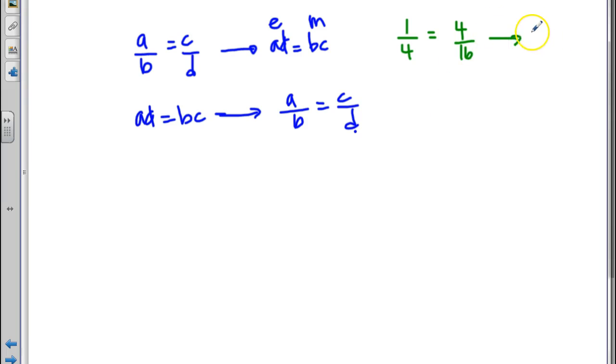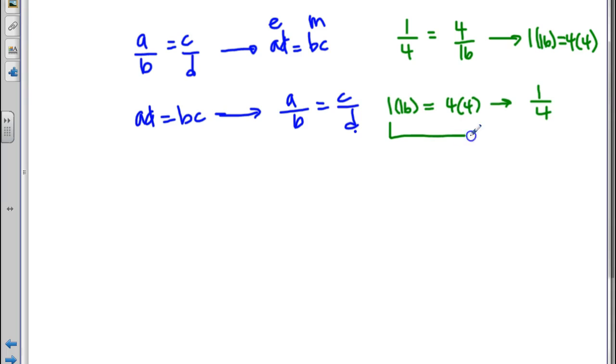That's the same as saying, we'll go the AD route, 1 times 16 is equal to 4 times 4. So this piece is saying 1 times 16 is equal to 4 times 4 can be written as fractions. 1 is to 4, so extremes, as 4 is to 16, means.